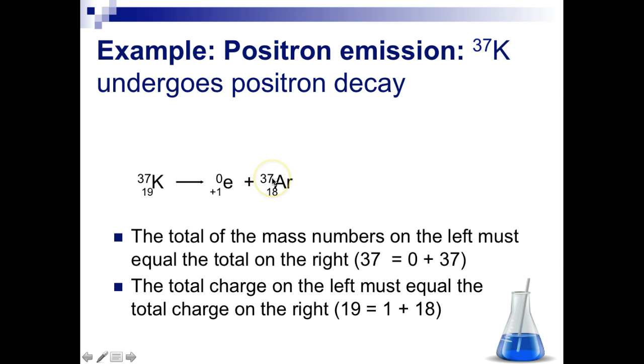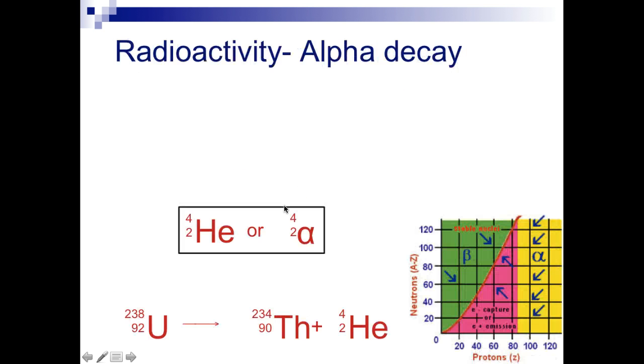And we know that Ar is going to be our new element because we go from an atomic number of 19 to an atomic number of 18. Again, the total mass on the left must equal the total mass on the right. So 37 on the left has to be equal to 0 plus 37 on the right. The total charge on the left must equal the total charge on the right. So 19 has to equal 1 plus 18, which is 19.